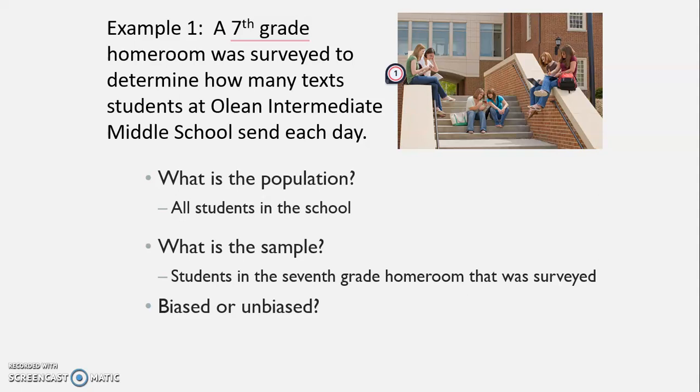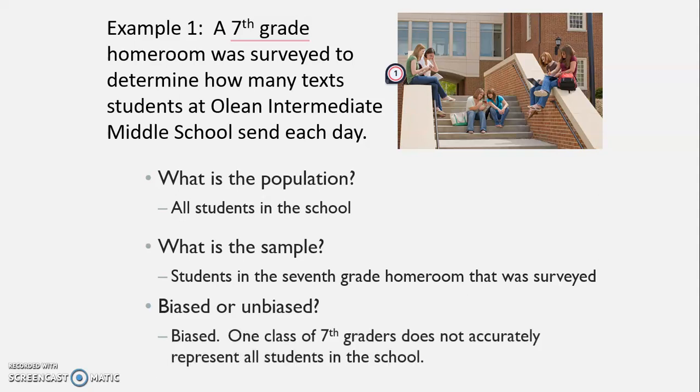Now take a second and think about if this would be biased or unbiased, do you think? Okay, if you said biased, you are correct. It's only one class of 7th graders, right? And maybe some parents only give their kids phones in 8th grade.